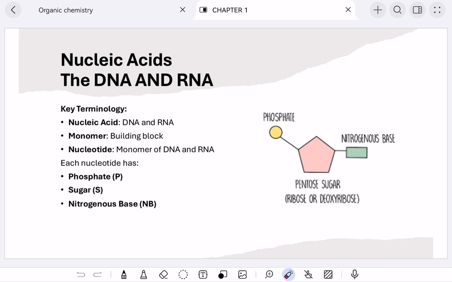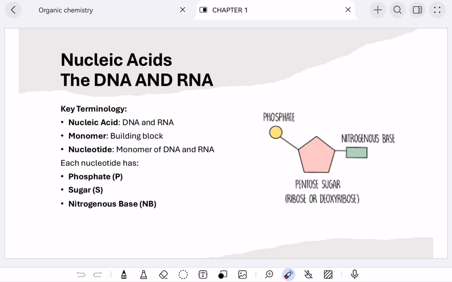Nucleic acids are big molecules that are found in every living thing, and they are the information storage system of life. So, this guy over here and this guy over here are carrying something important for life.